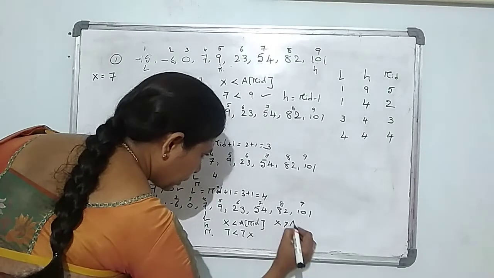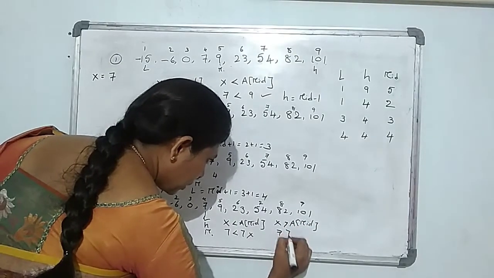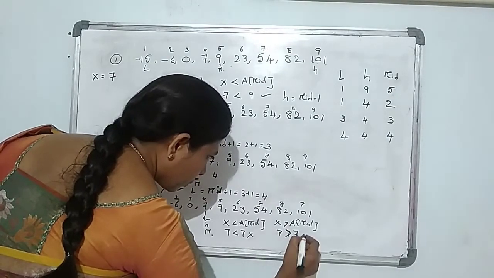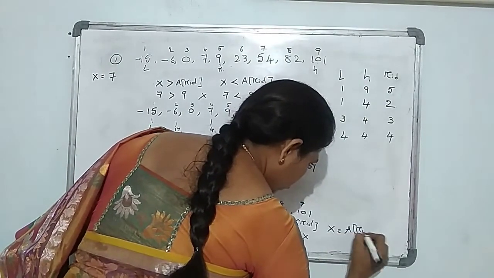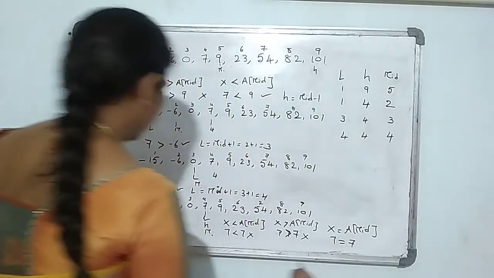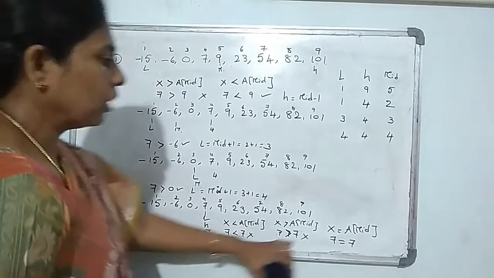X is greater than A of mid: 7 greater than 7, wrong. Now X is equal to A of mid: 7 equal to 7. So you can find out the element.